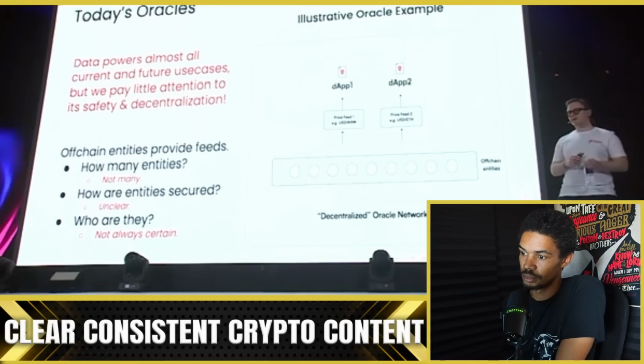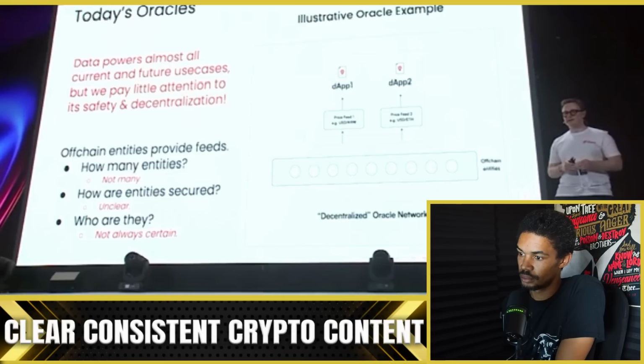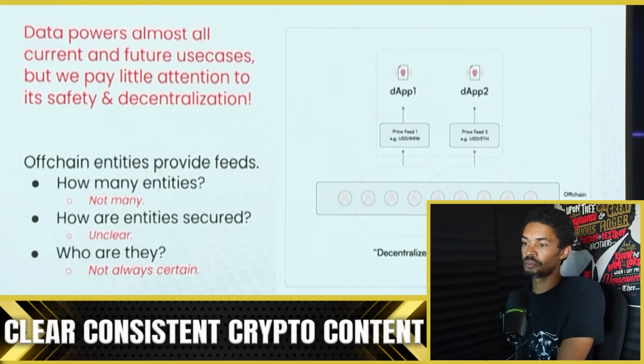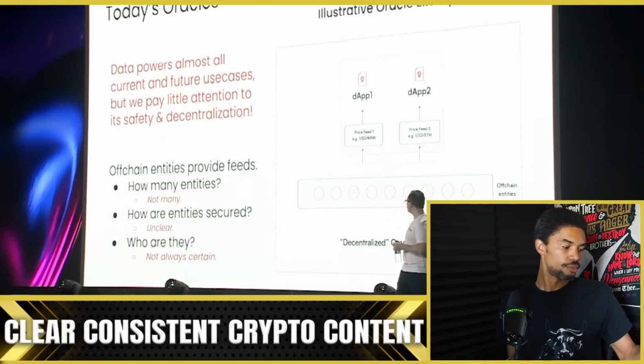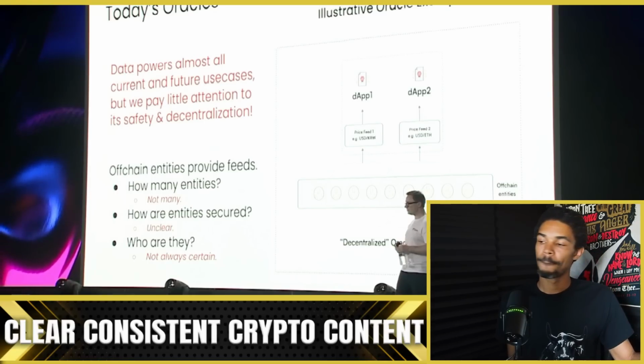And dApp1 needs the USD Korean won price. And dApp2 needs the Ethereum USD price. Well, out of those 9 nodes, 3 of those nodes might decide to provide a price feed for USD Korean won, and 4 might provide the price feed for USD ETH.